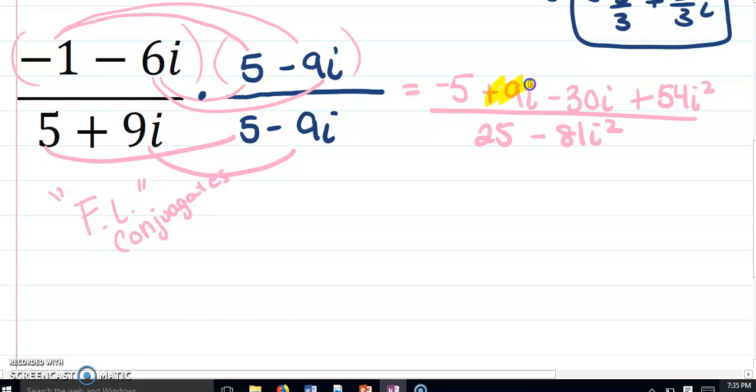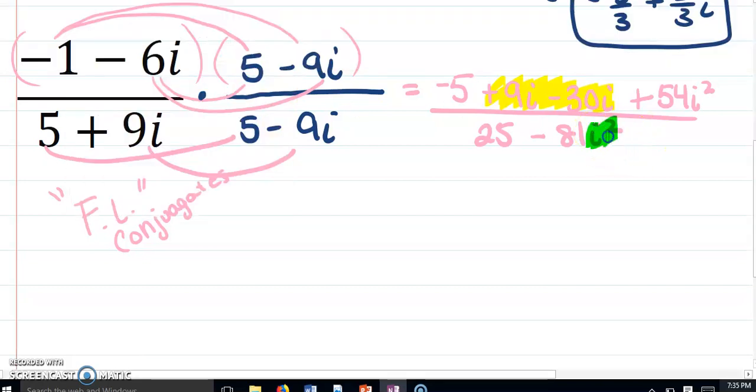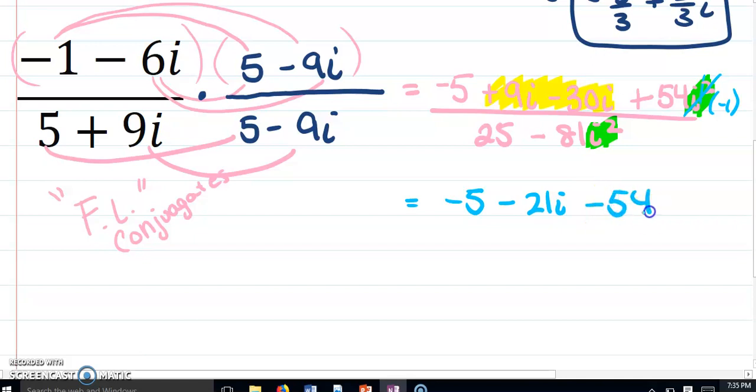Every like term needs to get combined, and then every i squared needs to turn to negative 1. So it's two things that you have to do to simplify. So we'll get negative 5 minus 21i, and then this i squared will turn to negative 1, which gives us minus 54. In the denominator, again, this will turn to negative 1, so that gives us 25 plus 81.